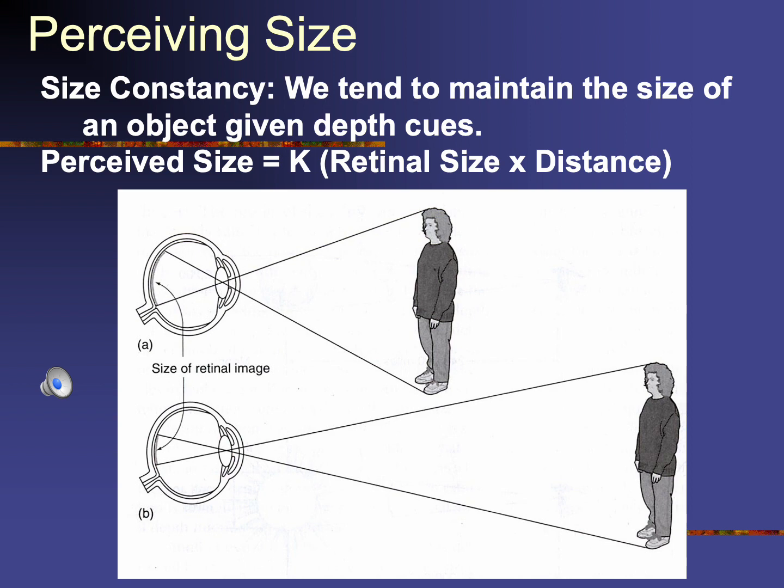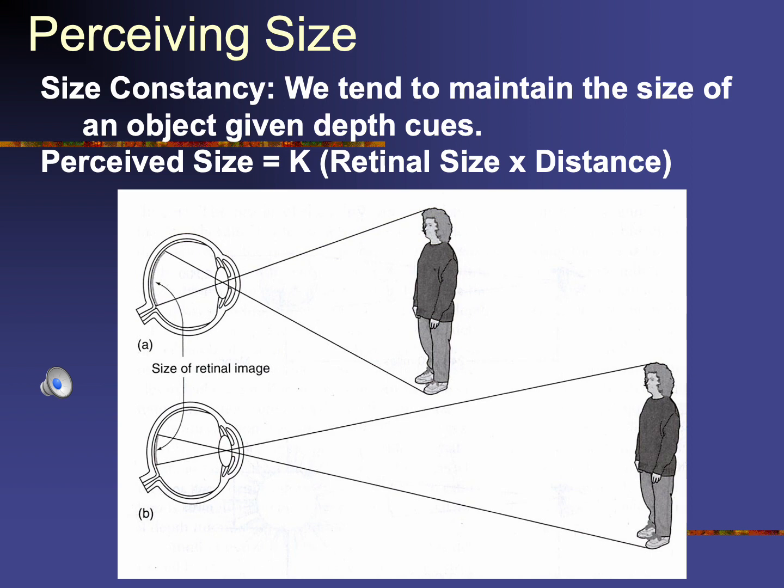So perceived size is a constant relationship between the retinal size times the distance away an object is. We have a formula in a sense for calculating the depth of objects so that we maintain their size constancy and we don't infer that they're expanding and contracting.